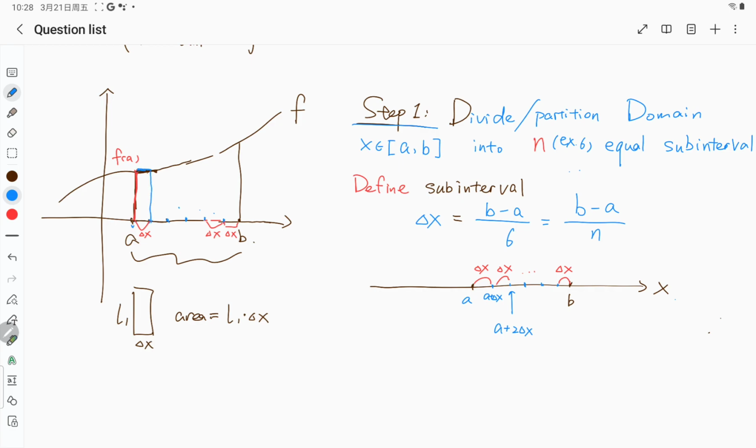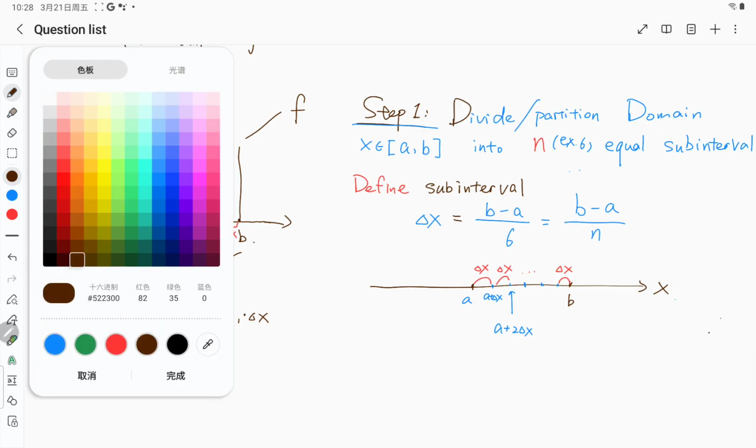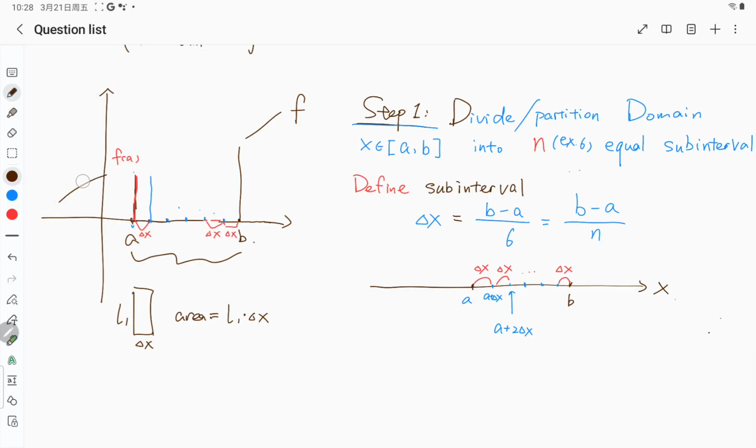And then we proceed to the second interval delta x, and we still decompose it using a rectangle. I can draw the graph even more dramatically here so that it's easier to illustrate, but the idea is the same. So let's say this is the first rectangle, and then we proceed to the second rectangle.